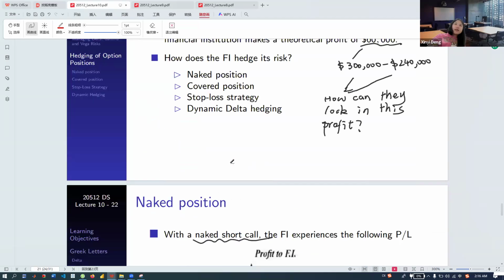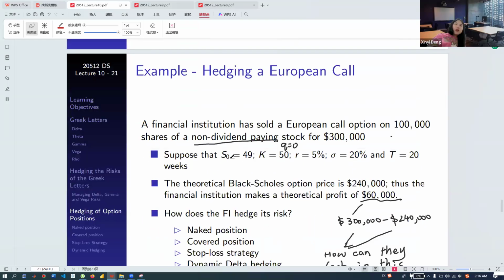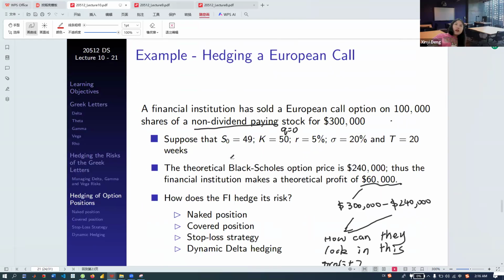Now, our final section today. Here, what we are trying to achieve is that we are going to hedge a European call option on 100,000 shares of non-dividend paying stock.